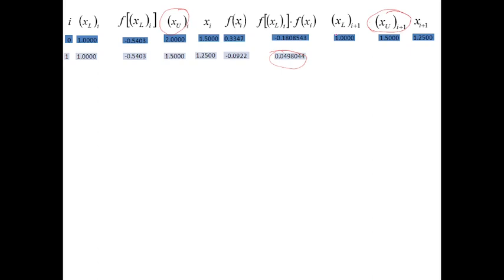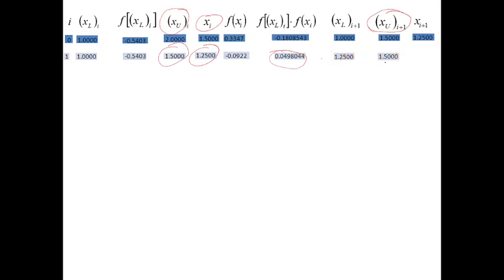Pag upper, mas mataas yung value, di ba? So, sabihin niyan, ito ay 1.5. Tapos ano yung natira? Ano yung x sub L i plus 1? Equal nun siya sa dito, 1.25. Gets nyo? O, 1.25. Okay? Tapos, 1.5. Gets nyo? Okay.